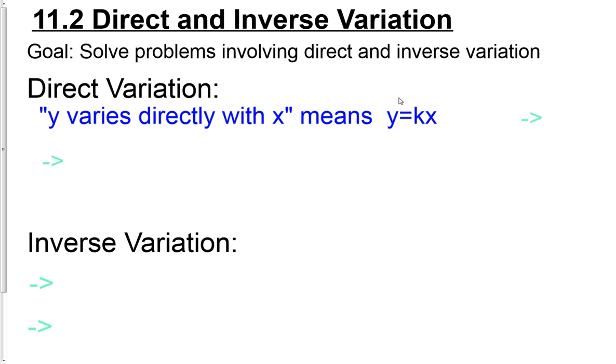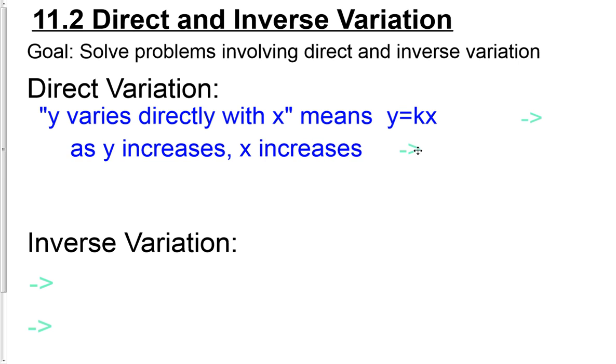Typically in these problems they will tell us y equals this value, x equals this value, and they want us to find the constant of variation. The constant of variation is a fancy word for k. They will also ask for the equation of variation. Once we solve for k, we just need to fill it back in and say, oh, k is 3, y equals 3x would be our equation of variation.